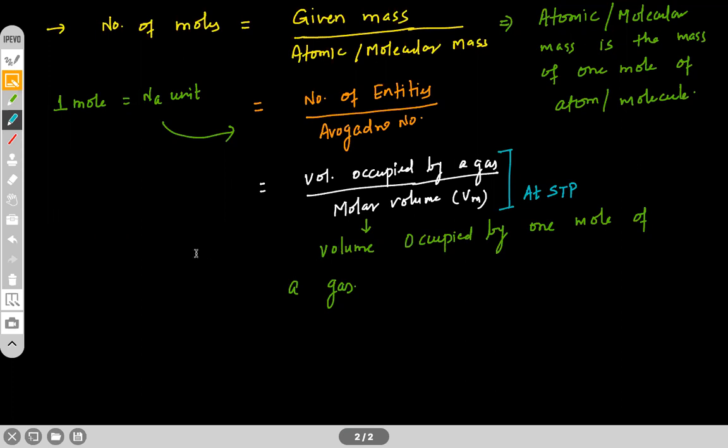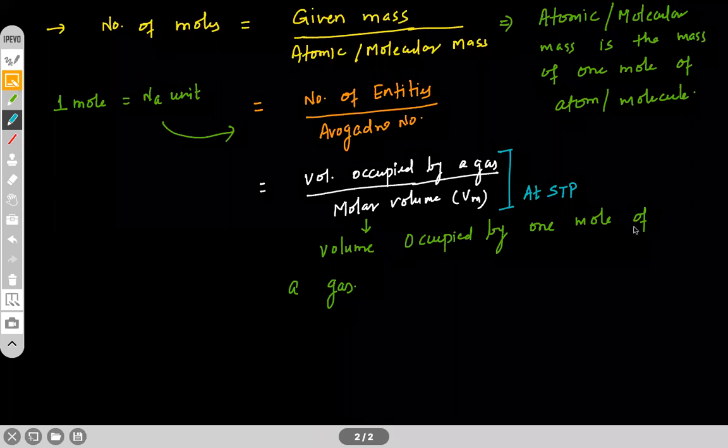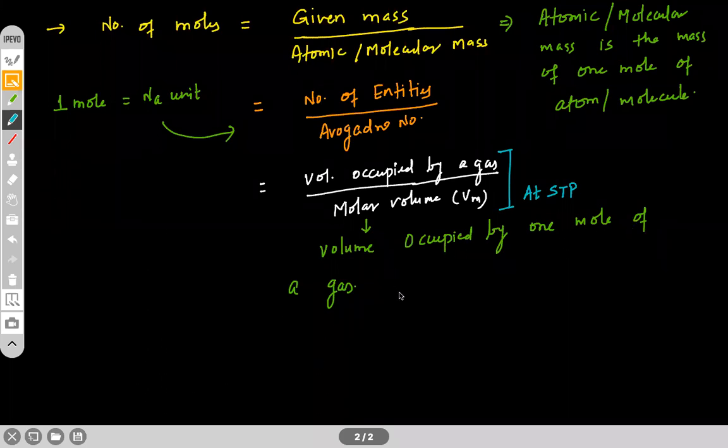NTP also we can take, 1 mole is 22.4 liter. So molar volume is the volume occupied by 1 mole of gas. It is represented by Vm, and the value of Vm is 22.4 liter, or in ml we write it as 22,400 ml. This is the molar volume.